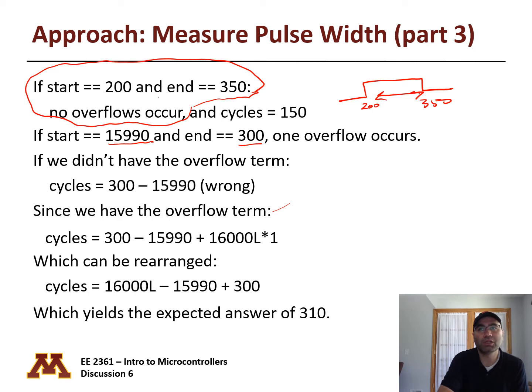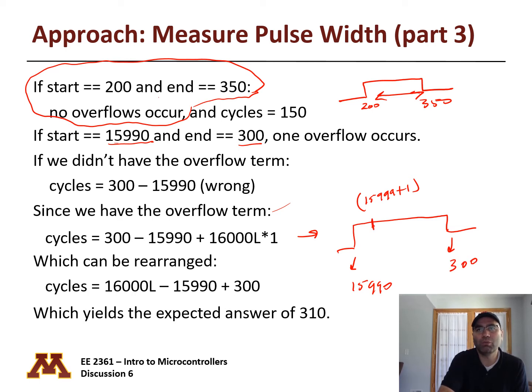Because what happened here is, at this point it's 15,990 and overflow happened here. Again, overflow happens at 15,999 plus 1 because our PR1 value was 15,999. And then it ends here at 300, right?